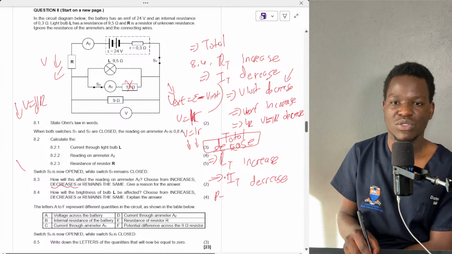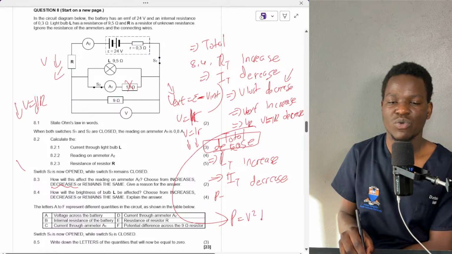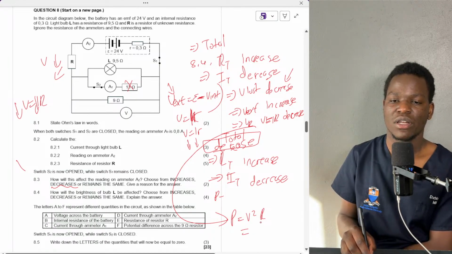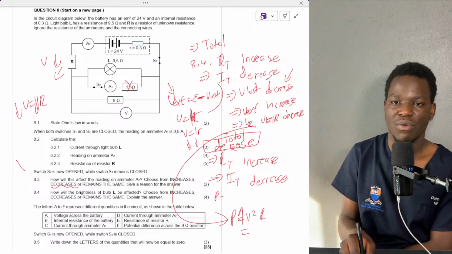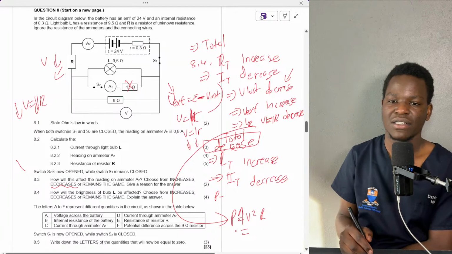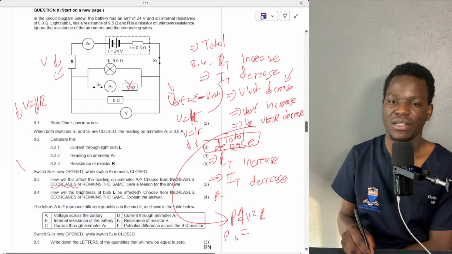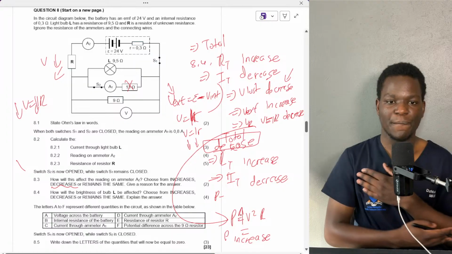And power equals V squared over R. Therefore, this voltage here has increased now because this one is taking less and there is more V external. So therefore, the power will increase. So this is how we go into reason now.